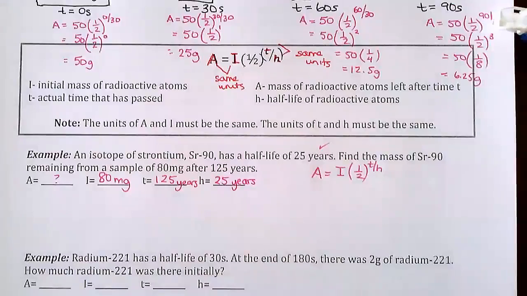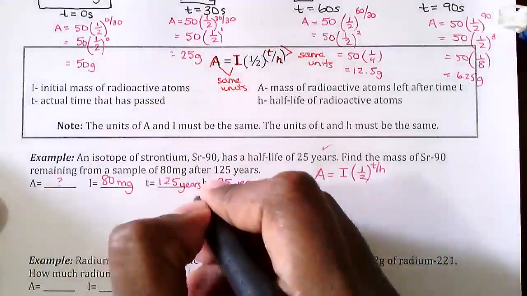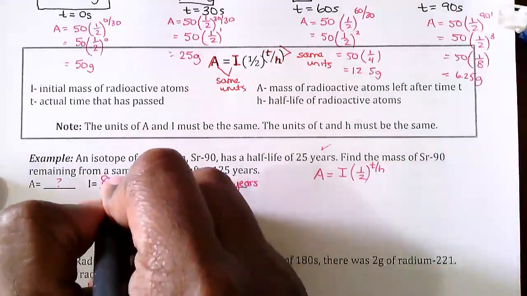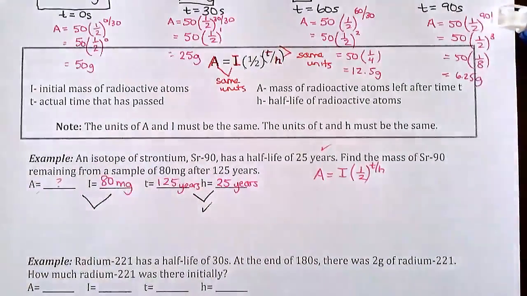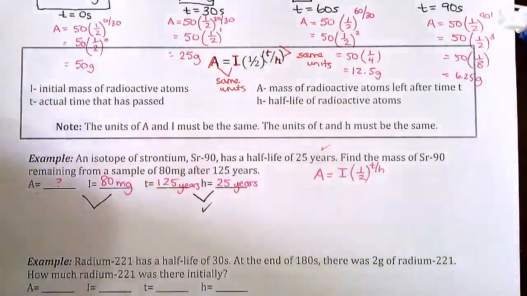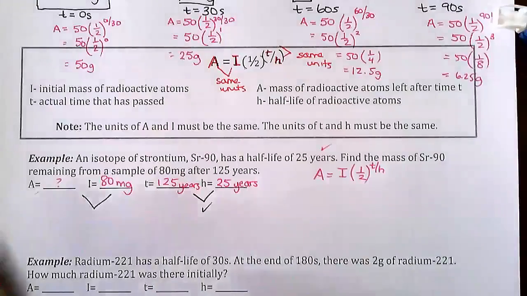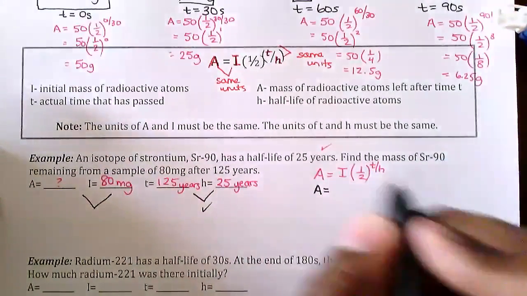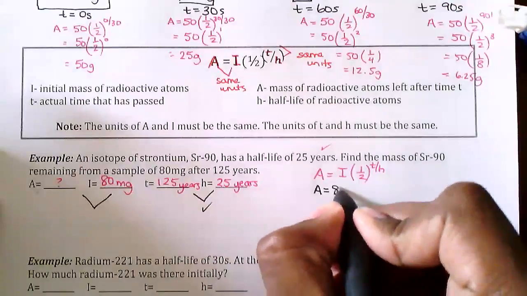Again, before you do anything with the numbers, make sure that the units are correct. These 2 units are the same, that's fine. This unit is in milligrams, which means your final answer A should also be in milligrams. So once you have this, plug in the right numbers. We're trying to find A, so I'm going to leave that as A. I is 80.